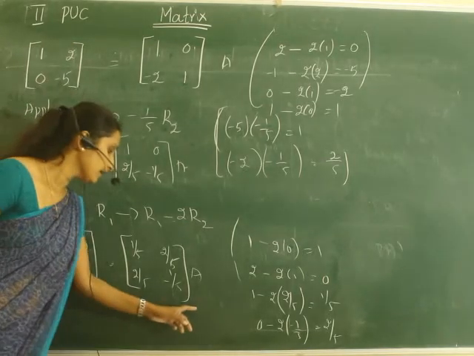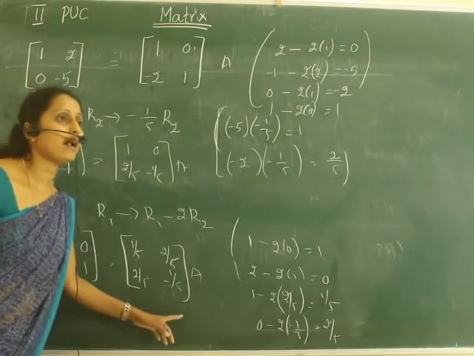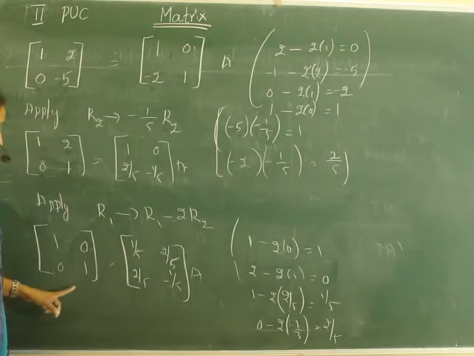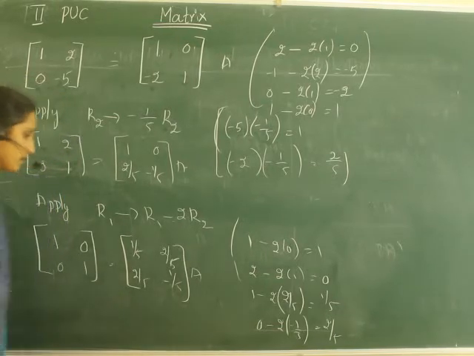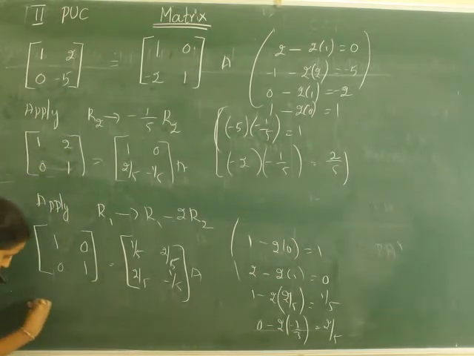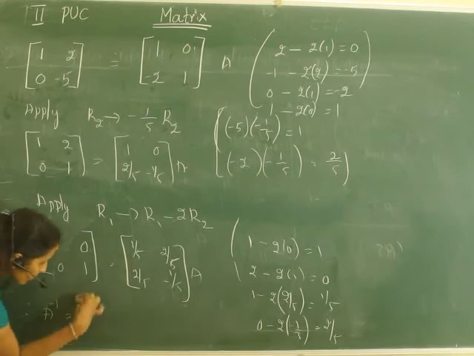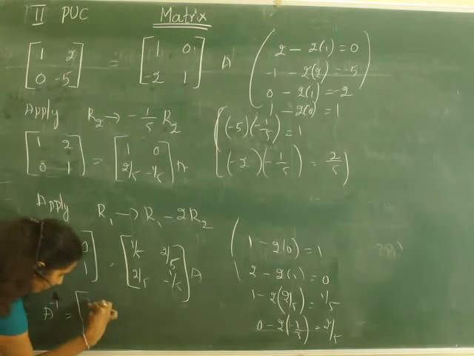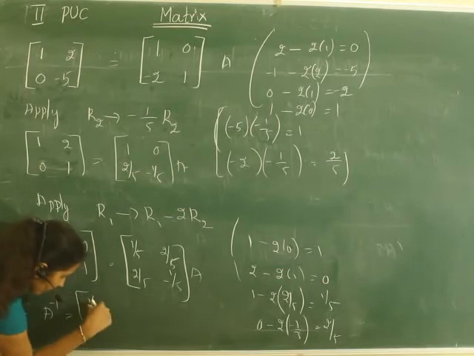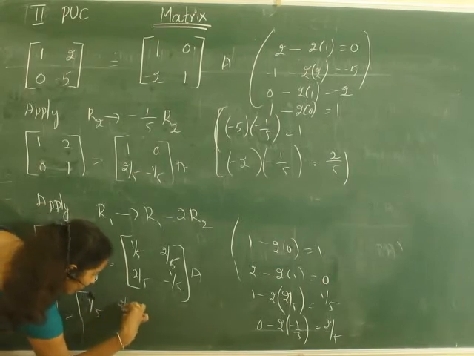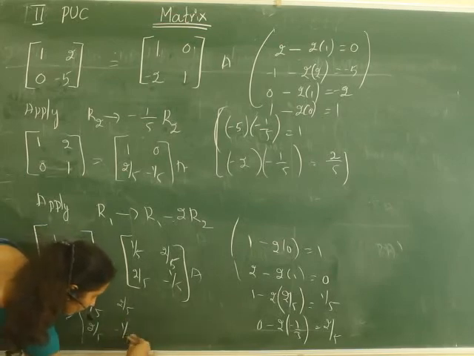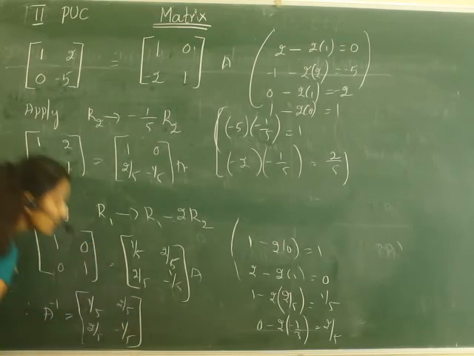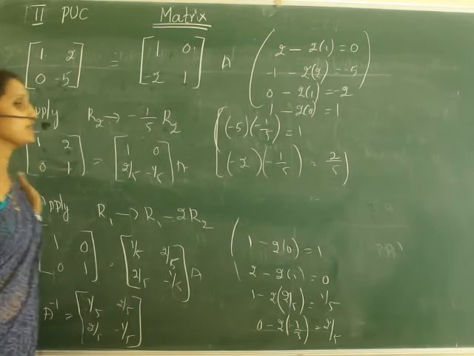This will be the inverse of the given matrix, because after the operations we get I is equal to B into A. Therefore A inverse is equal to 1 by 5, 2 by 5, 2 by 5, minus 1 by 5. So this is the inverse of the given matrix A.